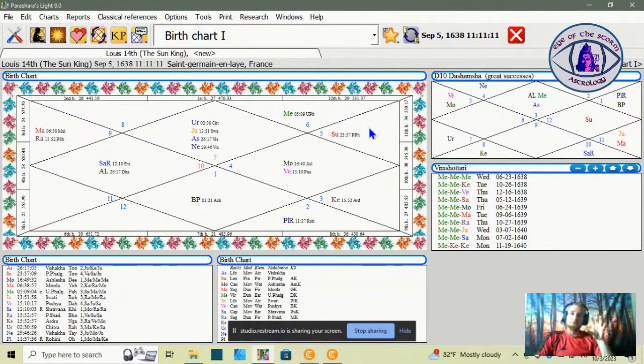The other way I like to look at them is as the Trimurti. I like to think of Uranus with that creative energy of Brahma, Neptune being Vishnu, the preserver, and Pluto being Shiva, the destroyer. And when you think of them in this context, seeing Neptune, or you could think of it this way, seeing Vishnu right on the ascendant and at 29 degrees, which means it's critical.